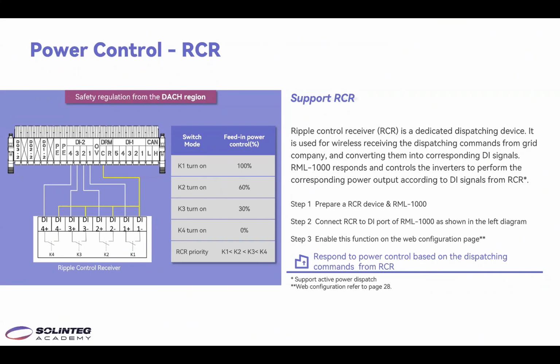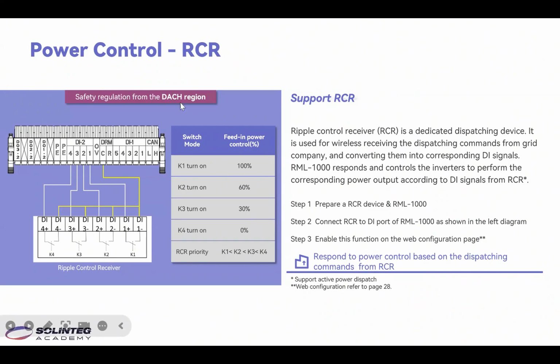It can receive commands from the grid company, so the grid company can use this device to control the export power from the inverters to the grid. The control method is through switches: turning the switch on or off controls the percentage of power fed in. So in this way, it controls how much power the inverters can export to the grid.